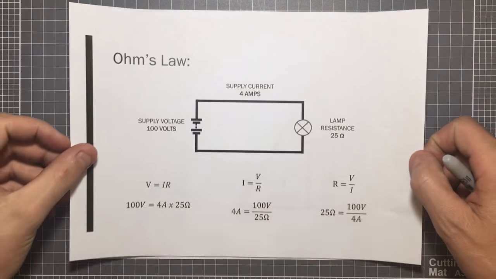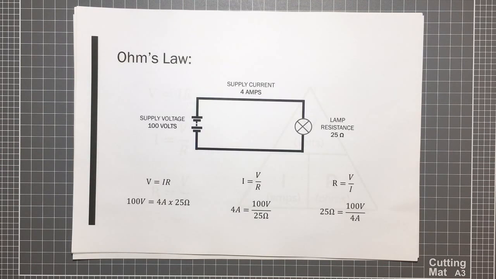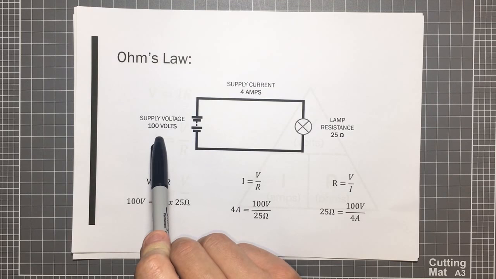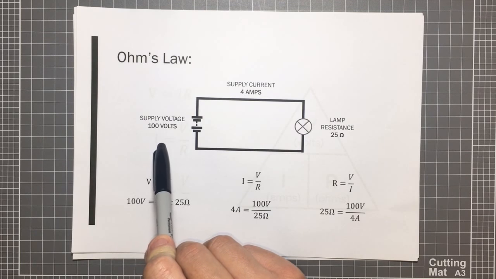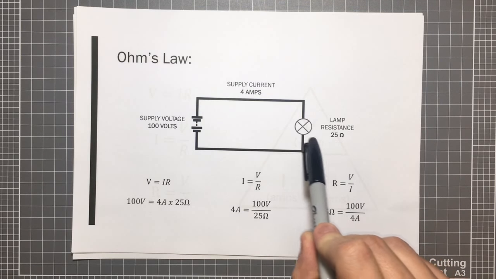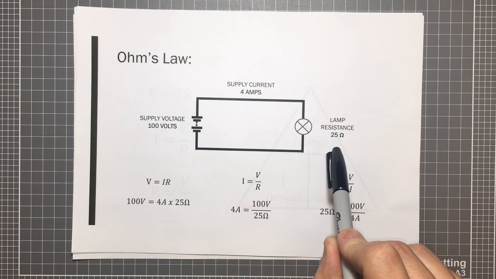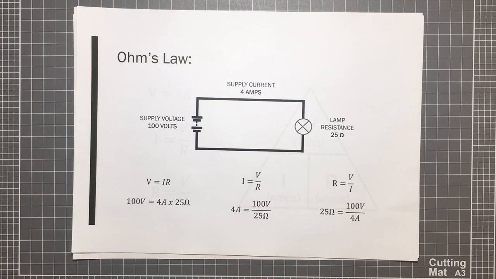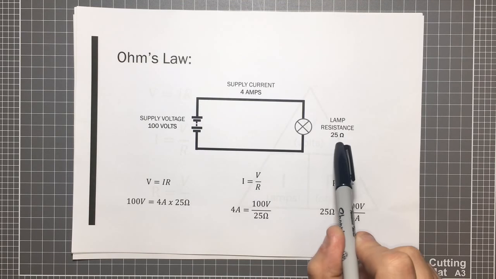So let's have a look at Ohm's Law in action. We've got a circuit here with a supply voltage of 100 volts and a supply current of 4 amps. We've got a little lamp in here, and it's got a resistance of 25 ohms. If we apply our formulas, V equals I times R: 100 volts is equal to the 4 amps multiplied by the 25.